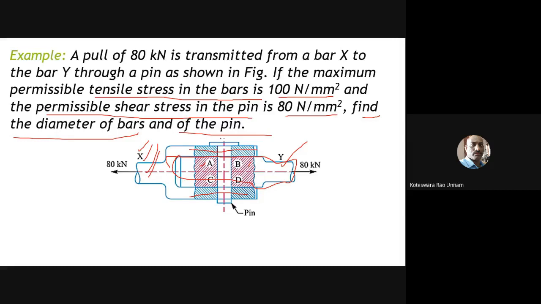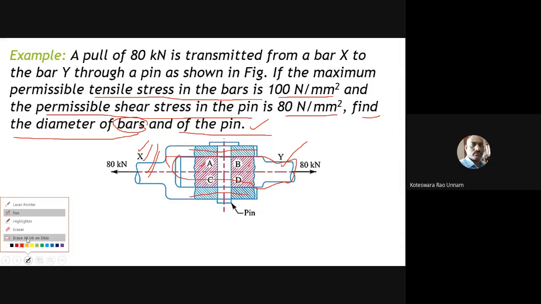Both the bars as well as the diameter of the pin are asked. How can we do this? To find this, we need design equations. You have a set of design equations. First you need to identify the nature of the load acting, and we'll take them one by one.